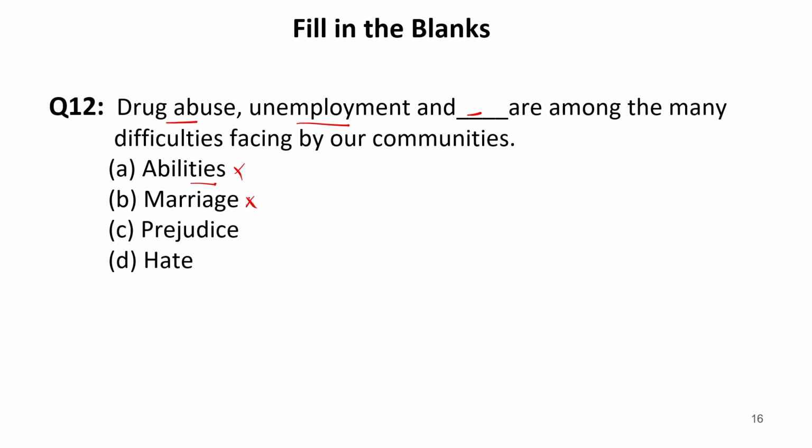If it had been child marriage, that means it was incorrect. But marriage is correct. Marriage has to be done, and marriage is not a bad thing. Then prejudice and then hate. Hate is again a verb, so it is not required over here because here we need a noun. So this is prejudice. Prejudice means to forcefully do marriage or some bad activity with someone. So this is C. So our correct answer is C.